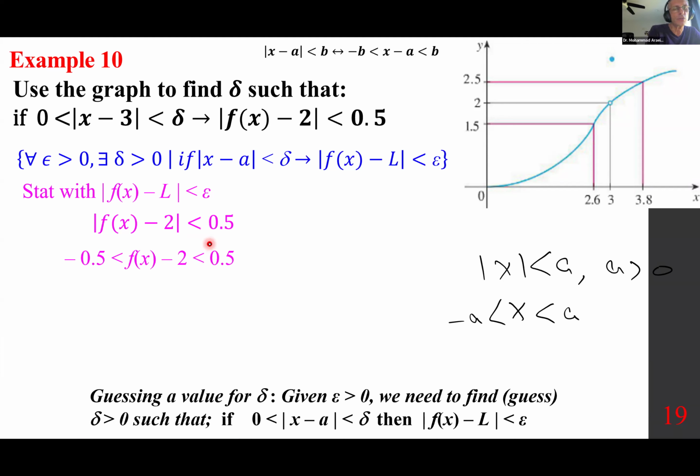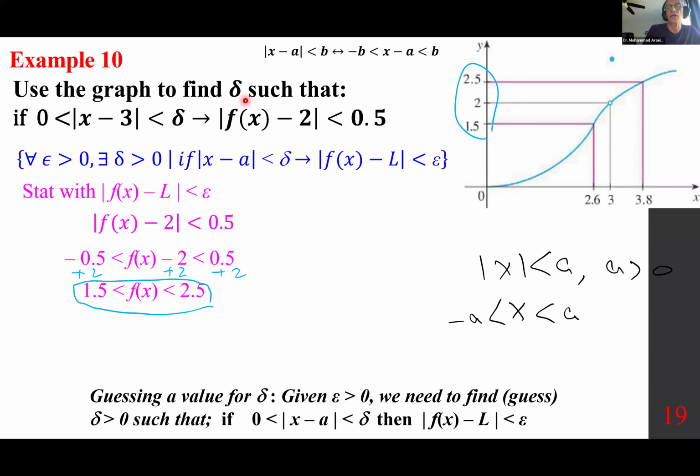And now you add the 2 to all sides. And of course, you can see that from the graph. But just in case it's not given, you can easily come up with that. So that is not a big deal.